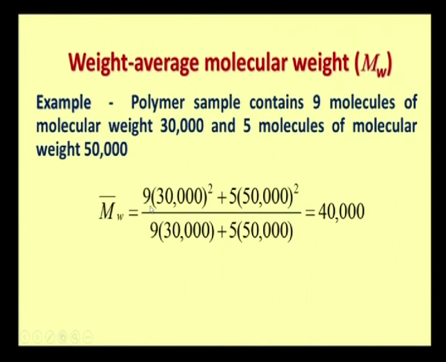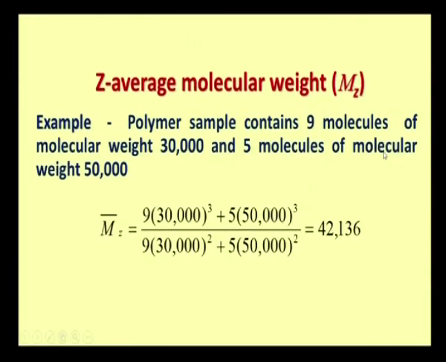So it becomes 9 into 30,000 square plus 5 into 50,000 square, which is nothing but the number of molecules N1, which is 9, multiplied by its own molecular weight square, M1 square. This is N2 M2 square, and this can be extended if you have several numbers. The whole thing should be divided by 9 into 30,000, which is sigma NiMi, that is N1 M1 plus N2 M2 plus so on. This directly gives you the value of 40,000.